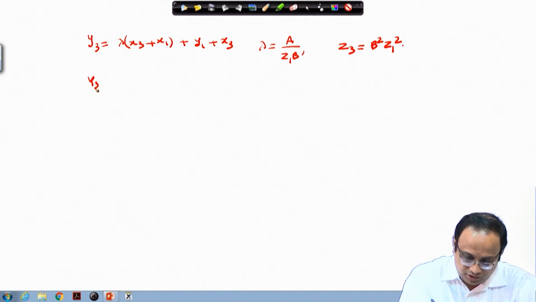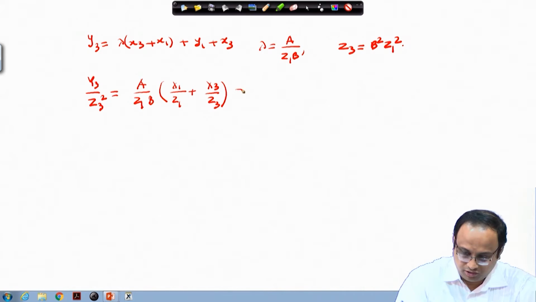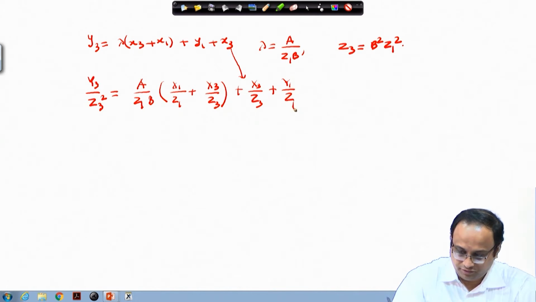We can write y3 in the projective coordinate as Y3 divided by Z3 squared, and that is equal to a by Z1 b into X1 by Z1 plus capital X3 by Z3 plus x3 by Z3. So, that is from this term, and plus Y1 by Z1 square.